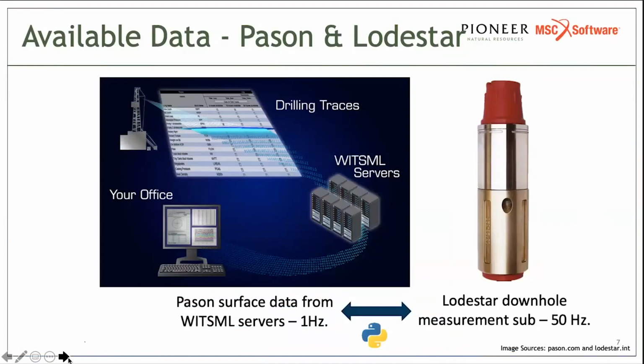Different manufacturers have different configurations for bits, and you have different designs depending on whether you're in the vertical or the lateral and what kind of formations you're drilling. Drilling engineers have their own preferences. So we have the ability to take manufacturer data for just about any bit and model that in Adams.